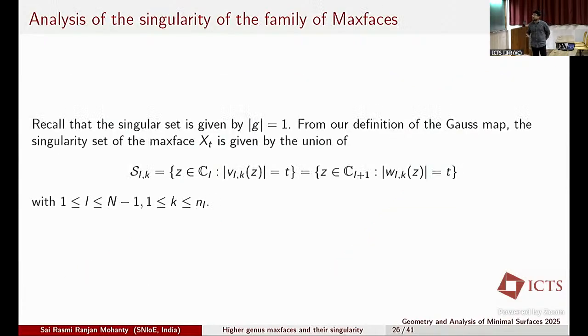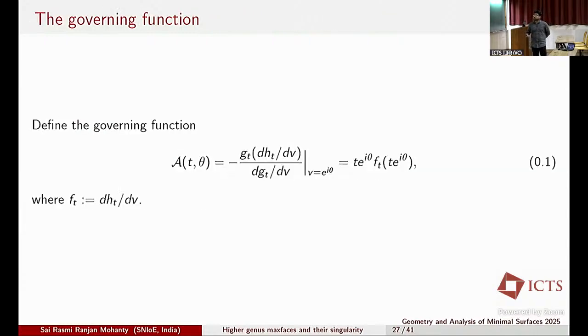By definition, this is our singularity set: mod VLK equal to T and mod WLK equal to T. This singular set contains a different number of connected components depending upon how many necks are in the surface. There is one function called the governing function, defined in terms of Weierstrass data GT and DST.